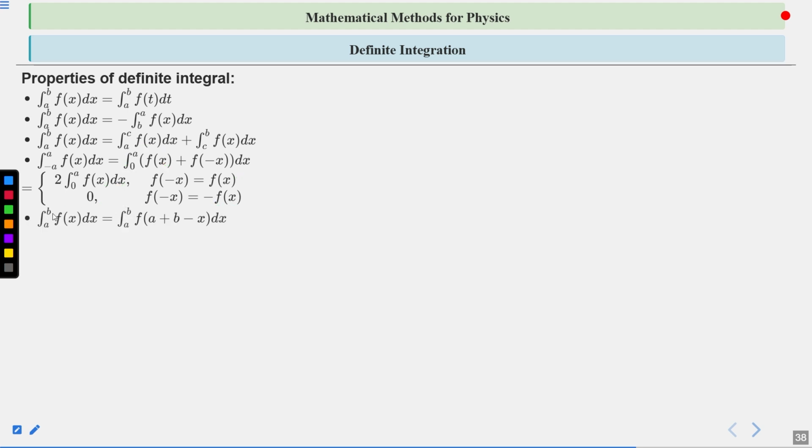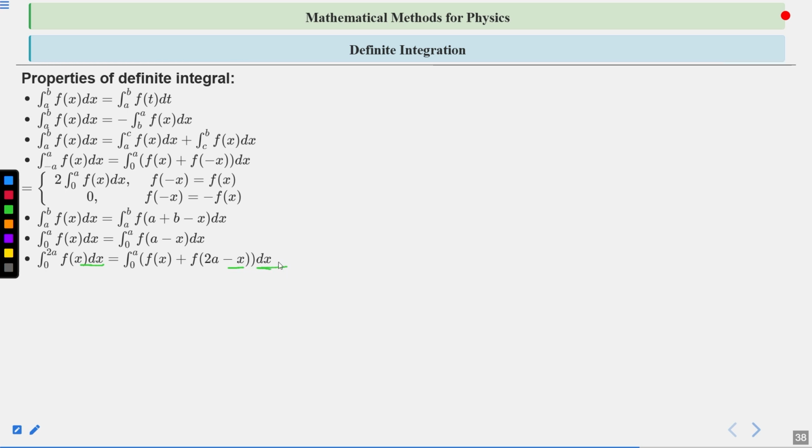The integration from a to b of f of x dx is equal to the integration from a to b of f of a plus b minus x dx. And the integration from 0 to a of f of x dx is equal to the integration from 0 to a of f of a minus x dx. The integration from 0 to 2a of f of x dx is equal to the integration from 0 to a of f of x plus f of 2a minus x dx.